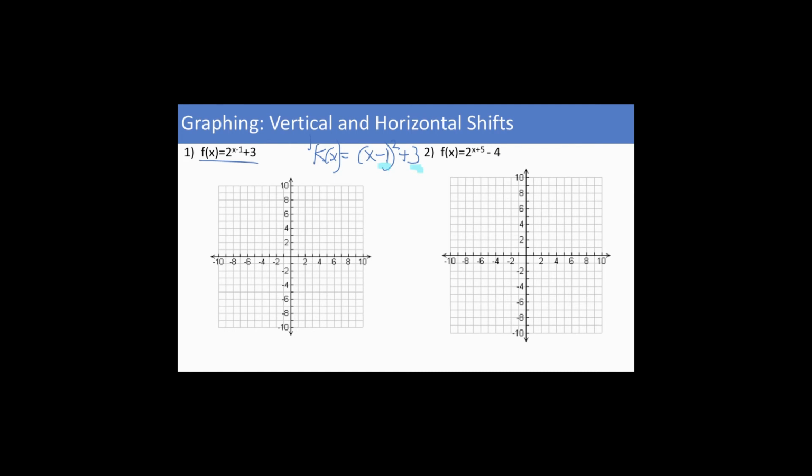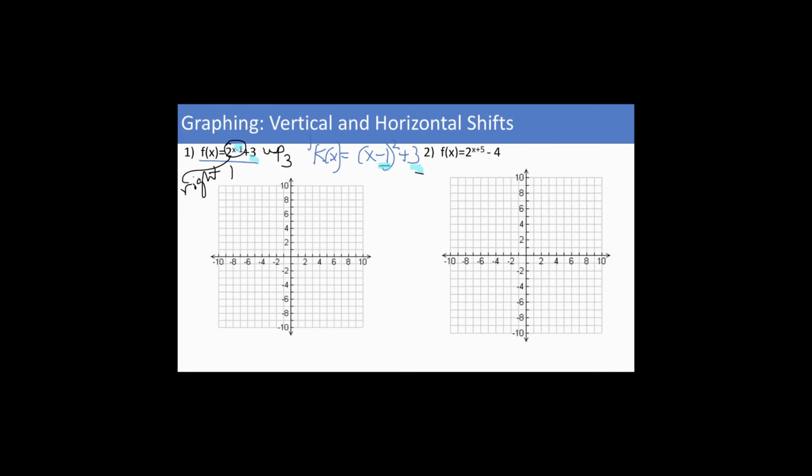But here, it's up here now, the x. But the 3 is still on the outside and at the end. But like all shifting transformations, it's still the same. So this is going to be up, and this is to the right. Right 1, up 3. Okay, so it's the same as it would have been here and here, correct?